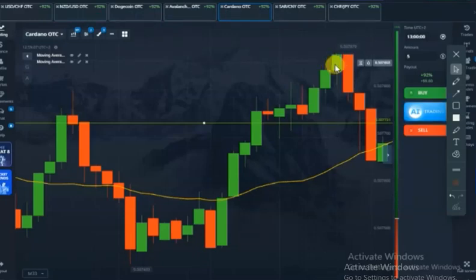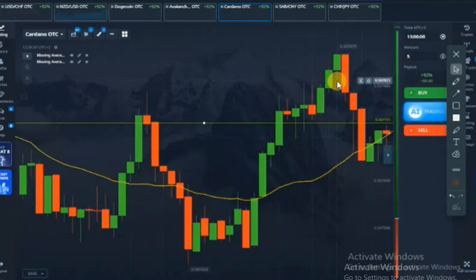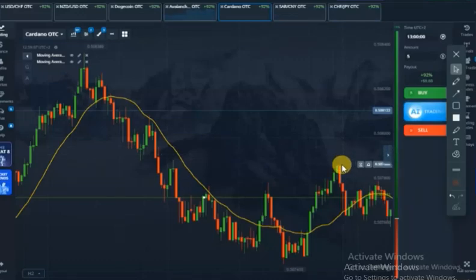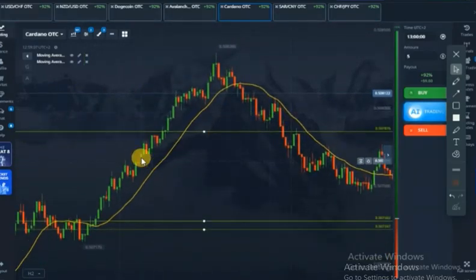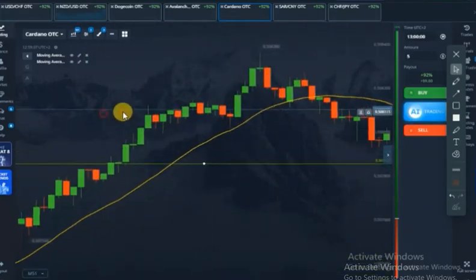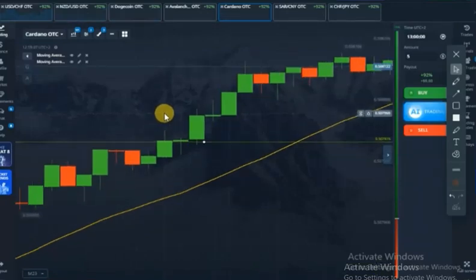Now you guys are probably wondering why this candle became a red candle. But if you put this trend line over here and you go back, you have this overlap in this candle.